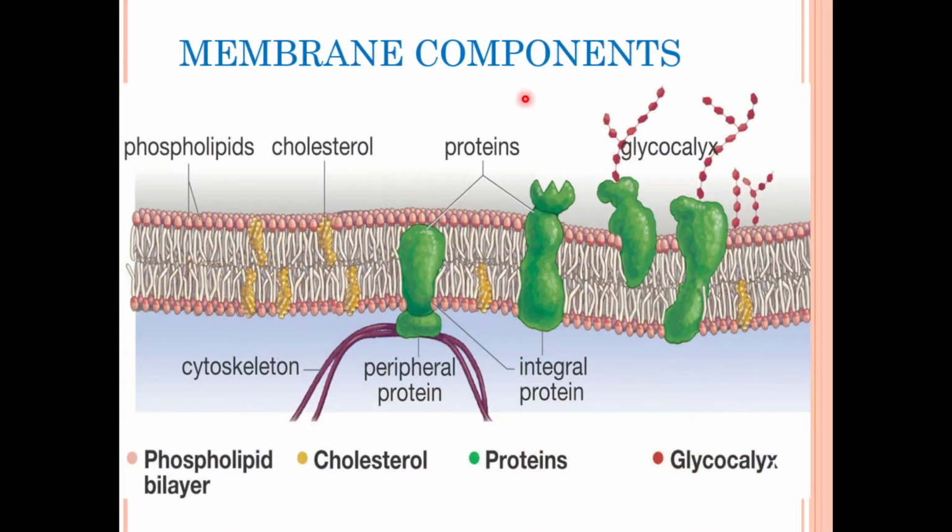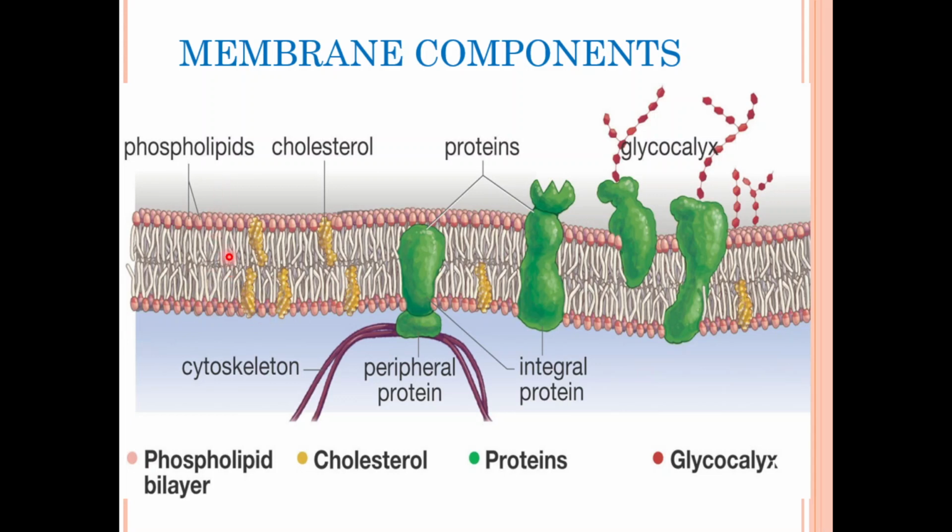Now membrane composition components. These are the phospholipids, the bilayer that I explained in the previous lecture, how this bilayer is formed. This middle portion is water hating, and the polar ends, the head region, are water loving.